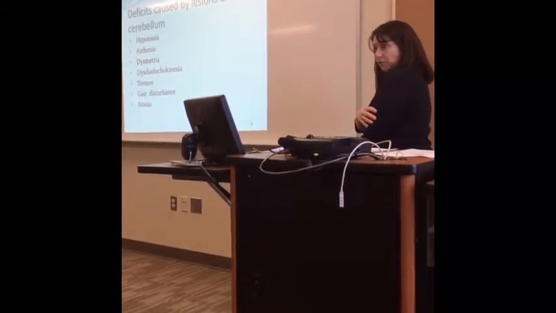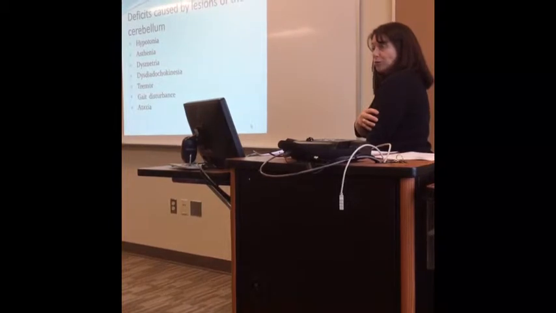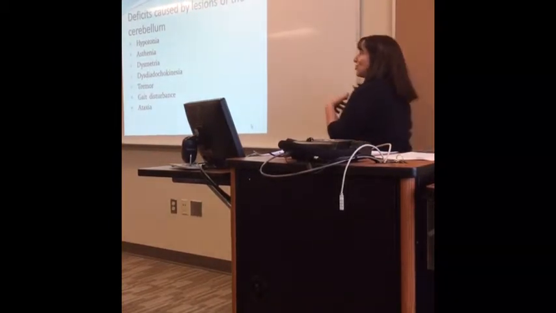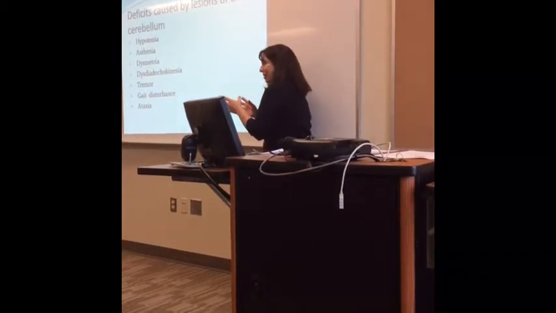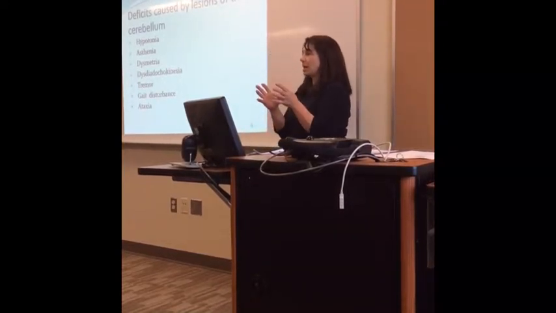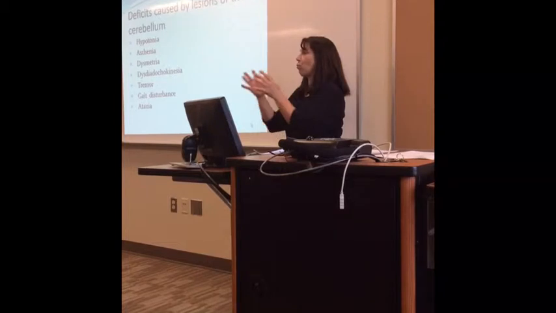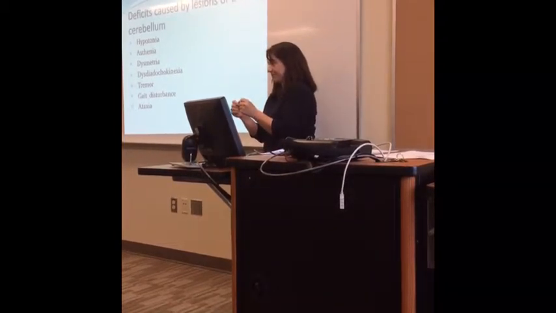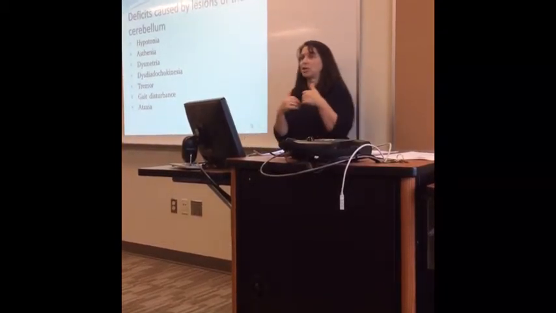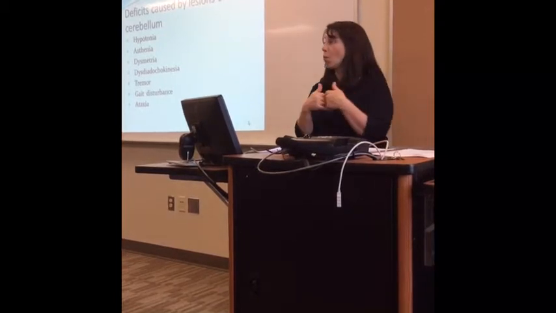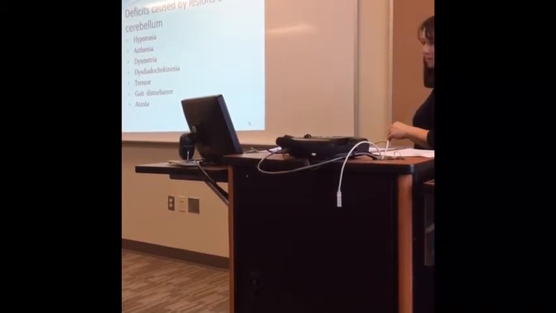Flaccid is essentially no tone. Asthenia is about strength. So that means that it isn't about a low tone, it's about weakness. So the cerebellum damage can cause simple full body weakness.